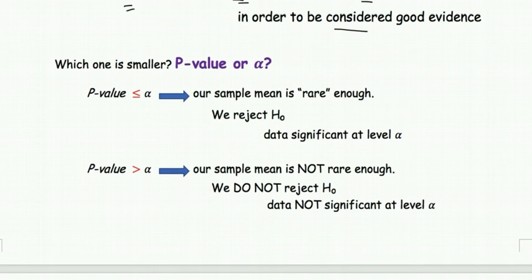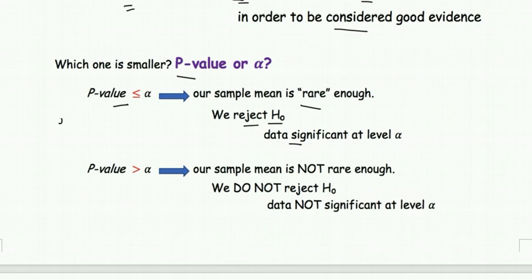So you compare p with alpha. If p is smaller than or equal to alpha, that means your sample mean is rare enough. That means you have enough evidence to say that the null is not true. So we say we reject the null, and your data are significant at level alpha.